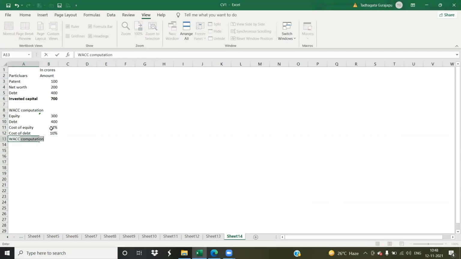So what is WACC? WACC equals cost of equity into its weight plus cost of debt into its weight, divided by total weight. This one we want in percentage.